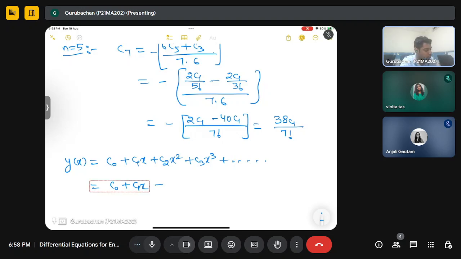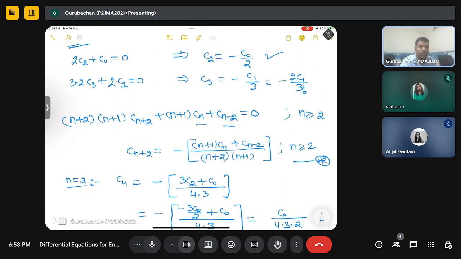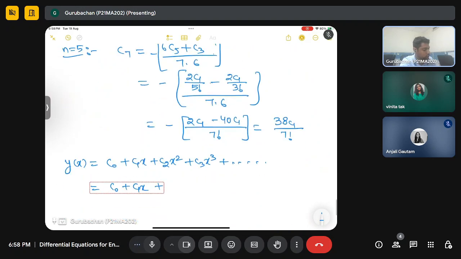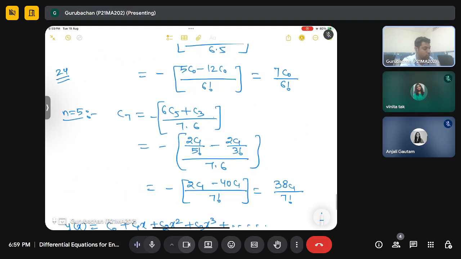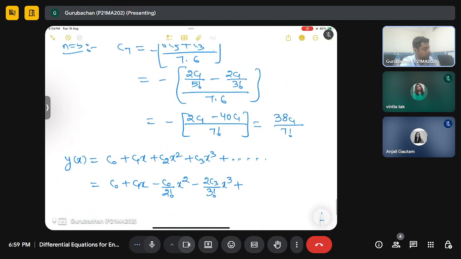So from C2, we can put our value. C2 is minus C0 by 2 factorial, so the term is minus C0 by 2 factorial x squared. C3 is minus 2 times C1 divided by 3 factorial. C4 is positive, C0 by 4 factorial, x to the power 4.